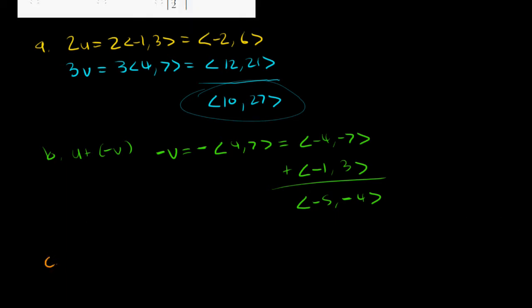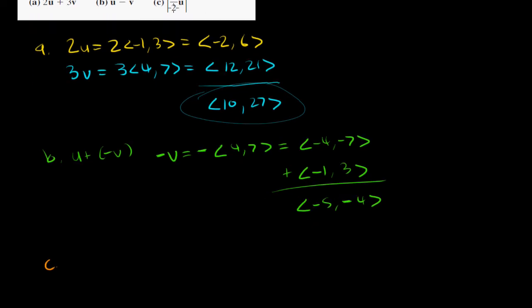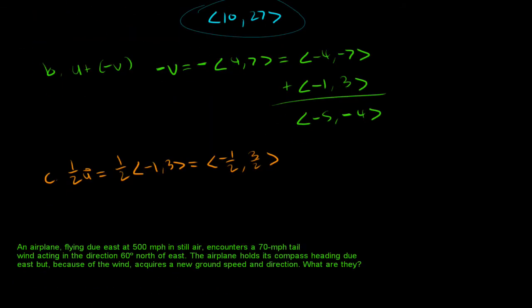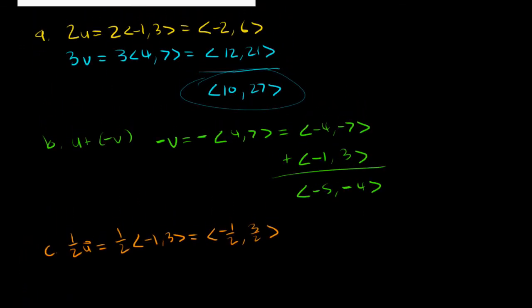So we're going to figure out 1/2 u. 1/2 u is going to be equal to 1/2 times the components of u, which are -1 and 3, which is equivalent to -1/2, 3/2.